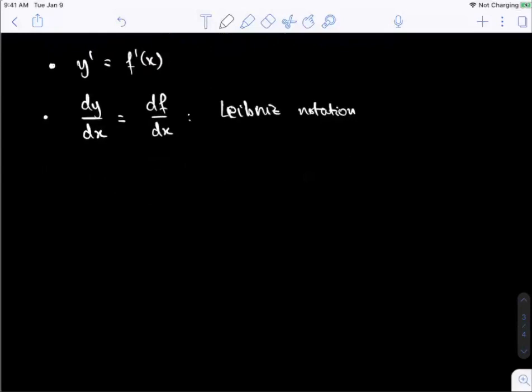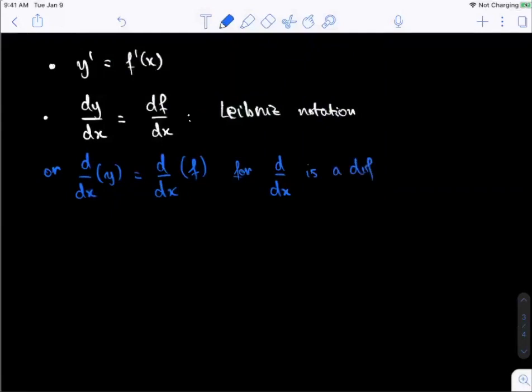In other words, the way to write it is d/dx of y or d/dx of f. d/dx is a differentiation operator, so you apply this operator on a function. Therefore, dy/dx or df/dx is not a fraction. Just be careful with that.